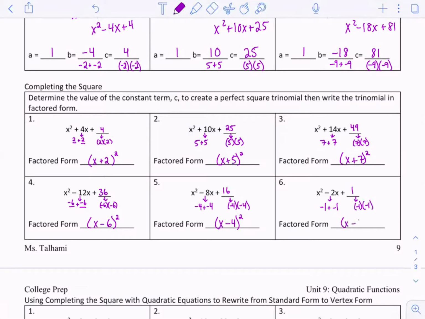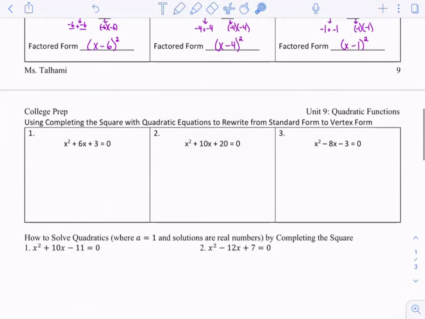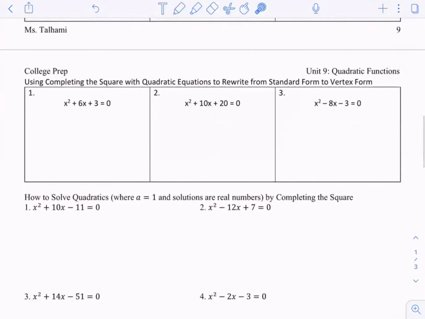So this is x minus 1 squared. So now we have written these as perfect square trinomials and wrote them in factored form, which is perfect. If you understand this, completing the square is going to be a piece of cake.